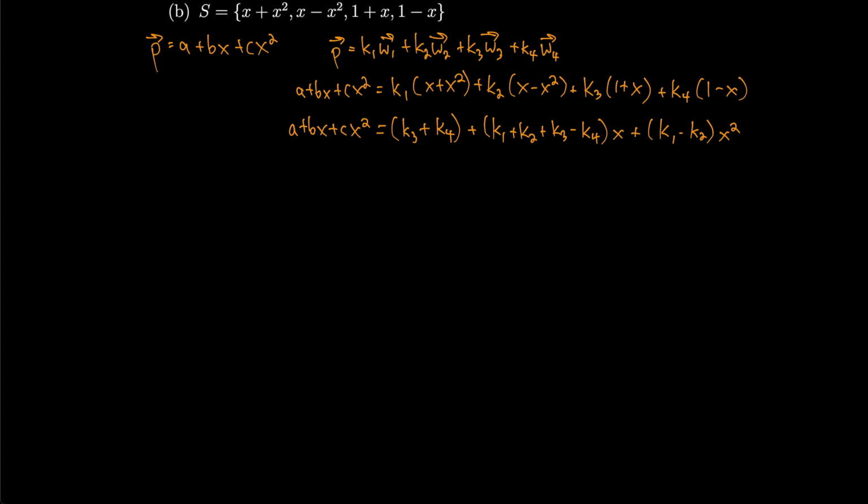So that'll give us the augmented matrix 0, 0, 1, 1, a, because we have 1 k3, 1 k4 has to equal a. Then we get 1, 1, 1, minus 1, b for our next term, and then we get 1, minus 1, 0, 0, c.